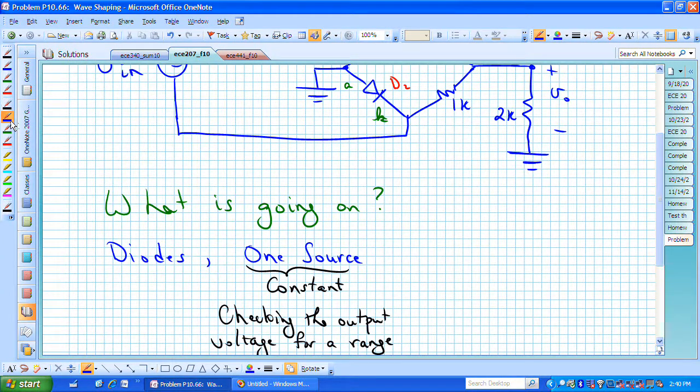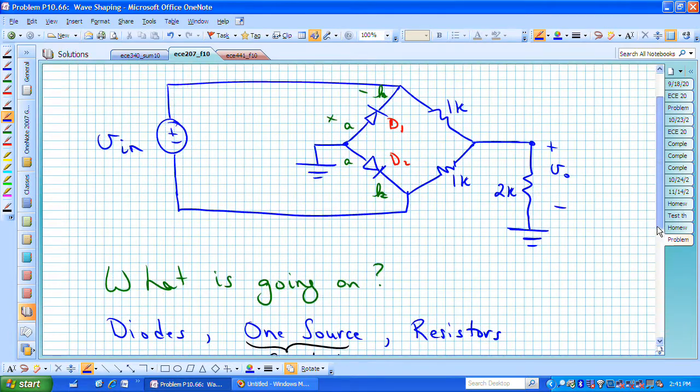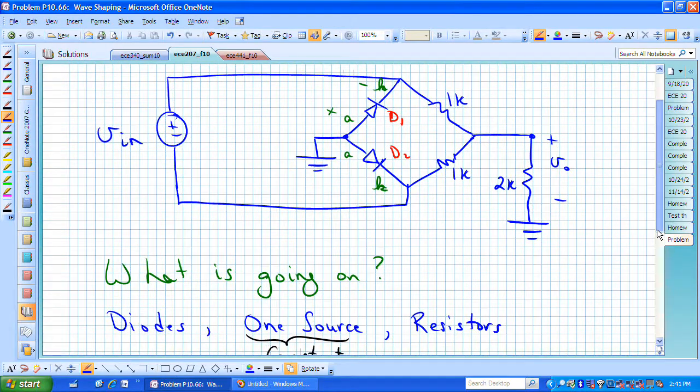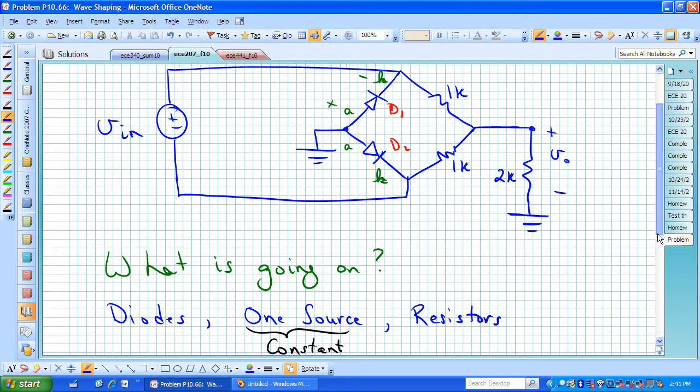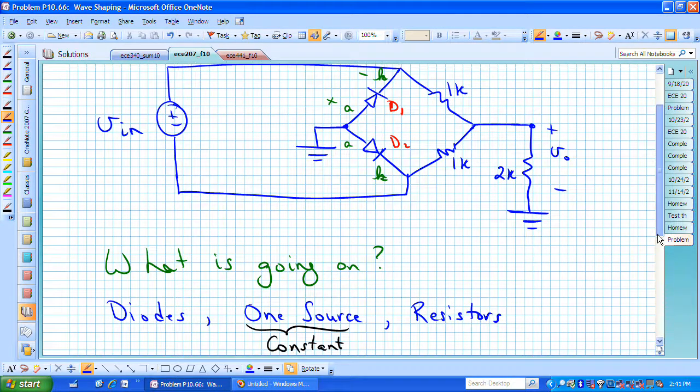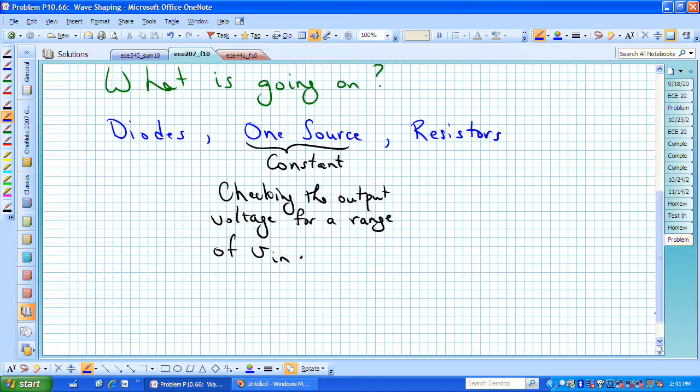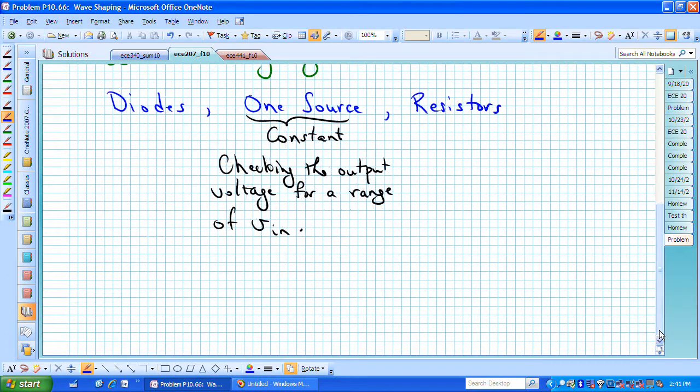In addition to diodes and this one source, we have resistors in that circuit diagram. If the diodes are off or on, that means they're either open circuited or they're looking like a pure wire if we're assuming ideal diodes. If we just have resistors and diodes, we have wires and resistors.